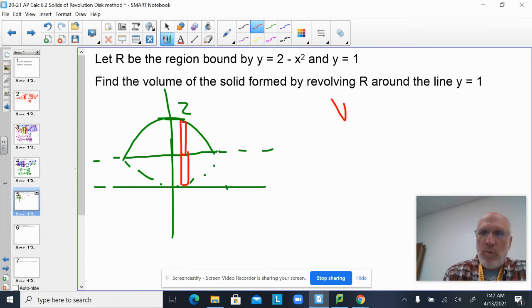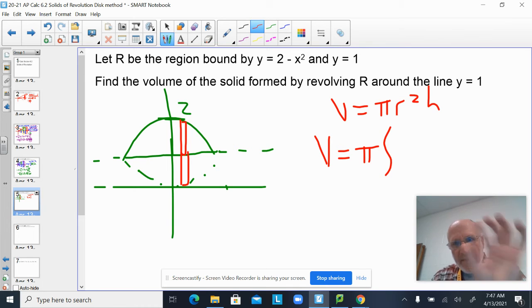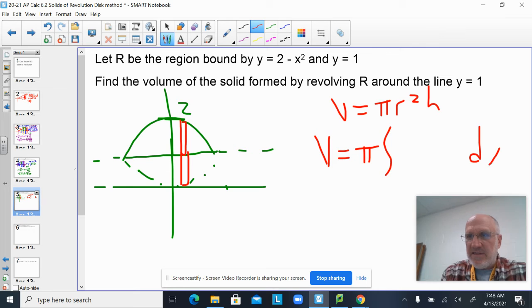So I'm still starting with the formula V equals pi r squared h. And some of this I can immediately follow from the other process. The pi comes out here, but we'll worry about A and B in a moment, and we'll worry about the radius in a moment. H is still the dx. That's still the thickness of a disk.